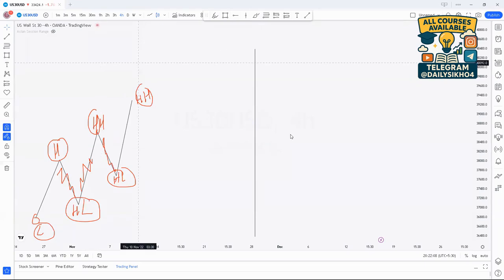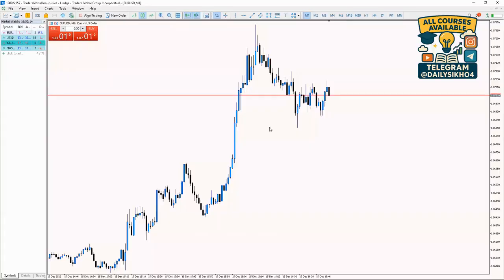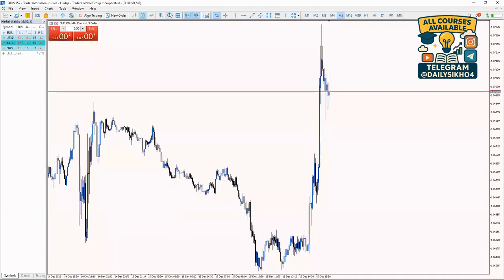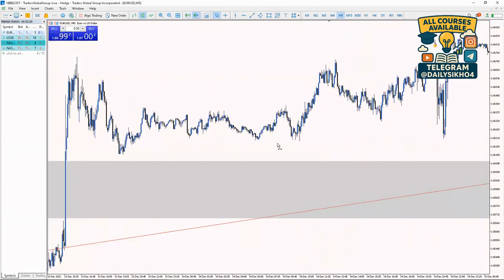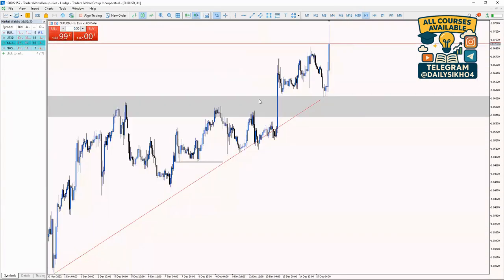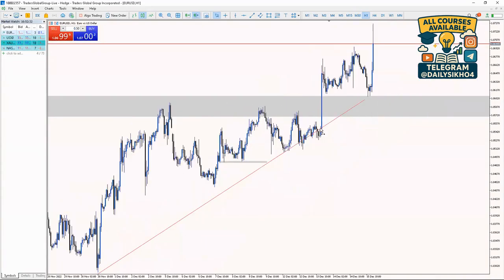If you take a look at Euro USD right now, I stopped trading Euro USD for a reason, because there was a lot of manipulation in there. A lot of manipulation was happening, and for that reason I just stopped trading it. It has become so hard to trade that I just gave up on it.